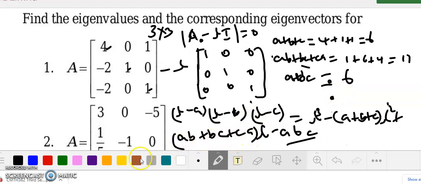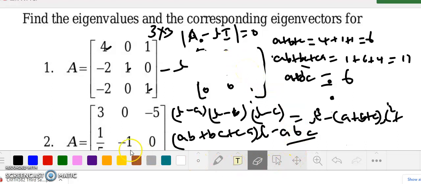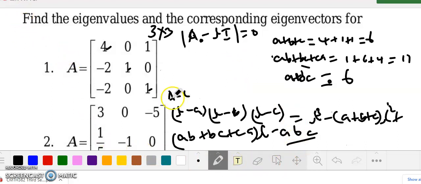Therefore, now to conclude, to find the eigenvalues for this matrix, it will simply be A minus lambda I. This will be equal to lambda cubed, because remember we have lambda cubed here when we are opening up, minus 6, which is the trace, times lambda squared, then plus 11 lambda, which is the adjoint, then minus 6, which is the determinant, and this is equal to 0.